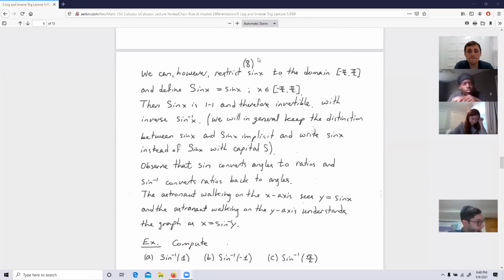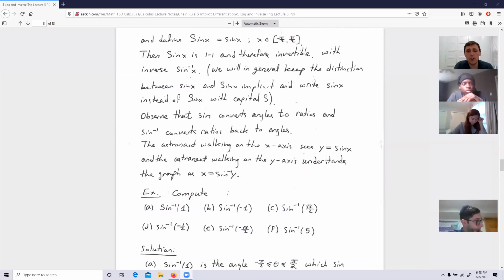Now, before moving on, guys, just a quick verification. We all understand what sine inverse is. Sine is restricted to the interval between minus pi over 2 and pi over 2 to make the function invertible. Please tell me what sine inverse of 1 is equal to.